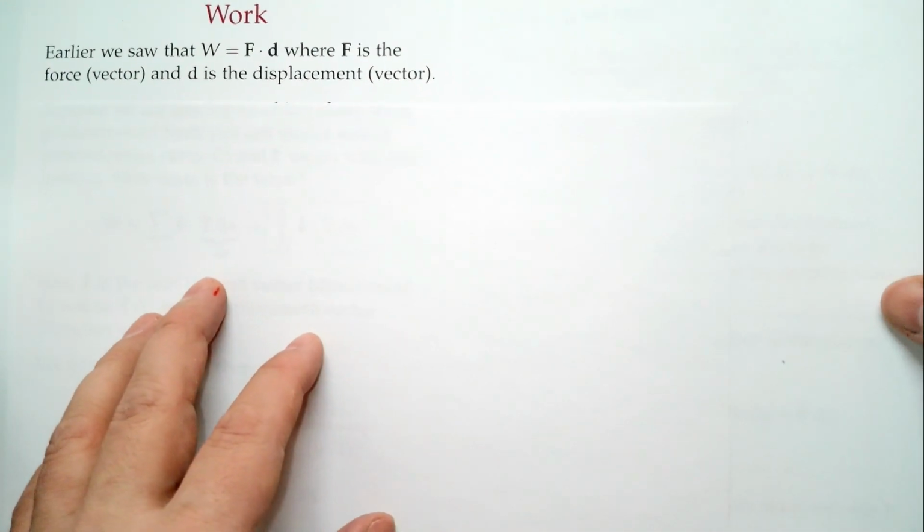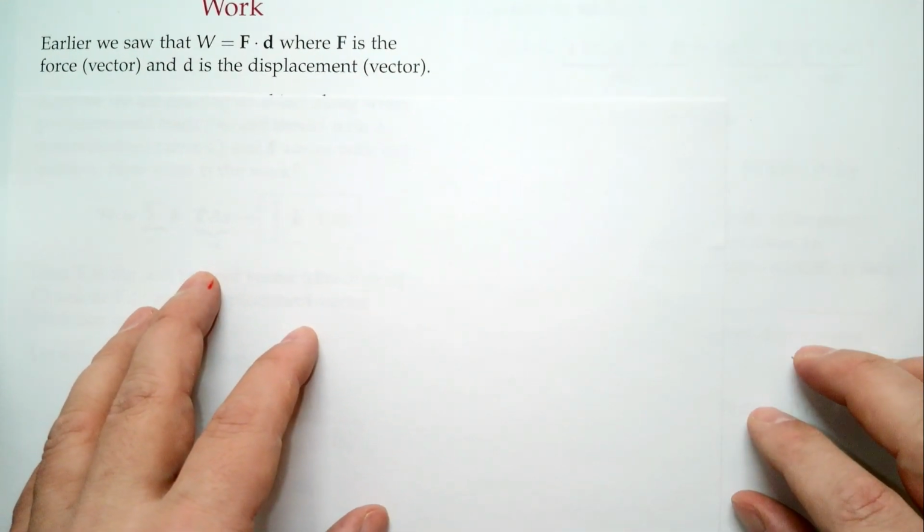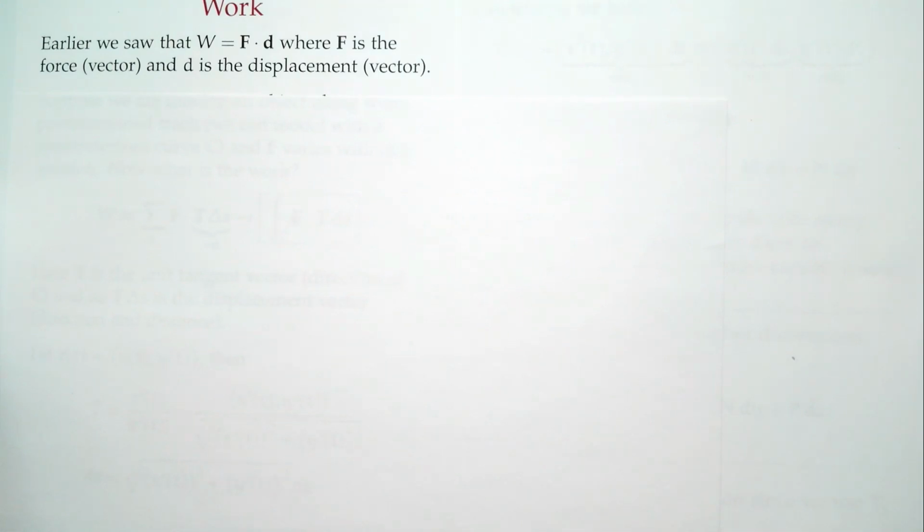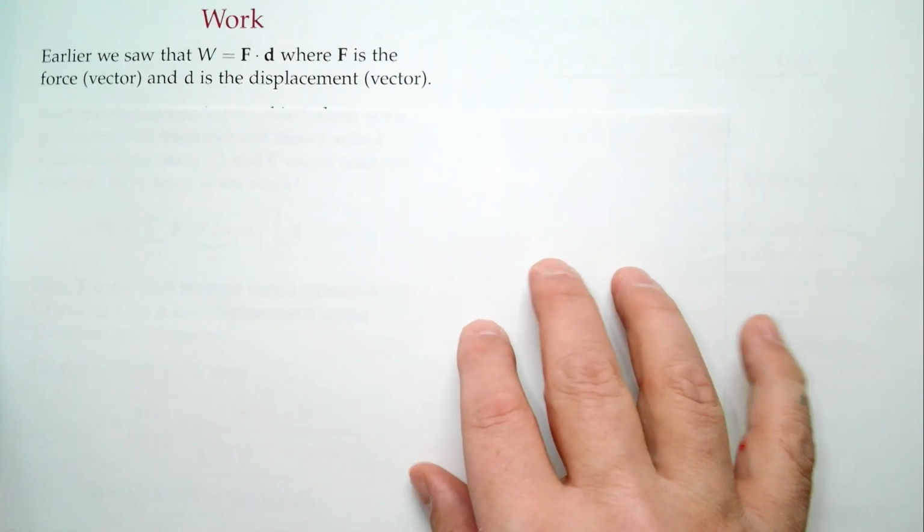All right, well, let's talk about work. Now, how do you compute work? We know how to compute work if we have force and distance. And then we said, you know, we can actually go one step further, where work is not just force times distance, because that's just a really simple understanding of physics.